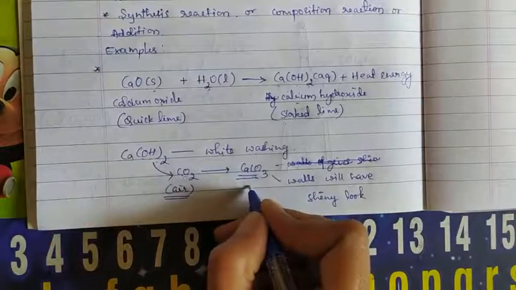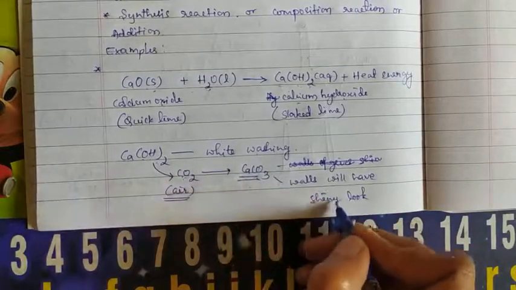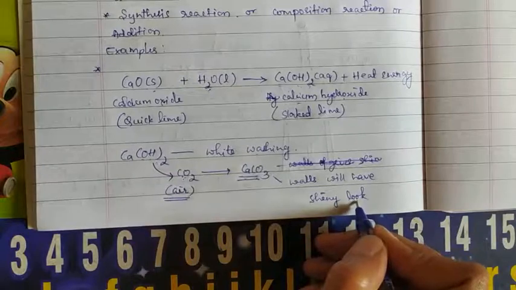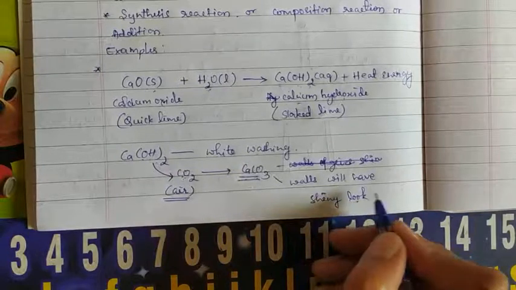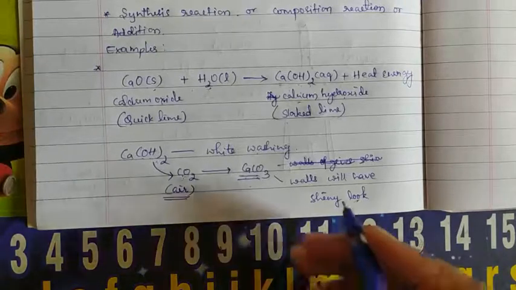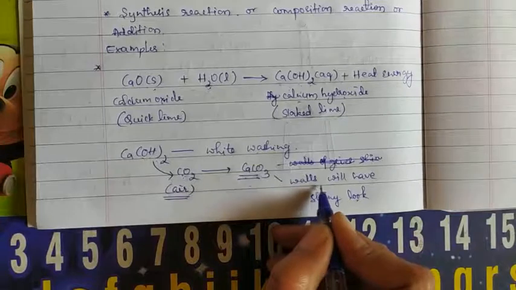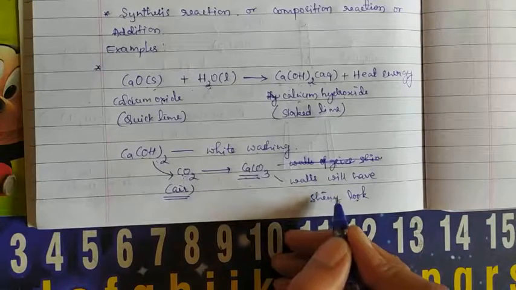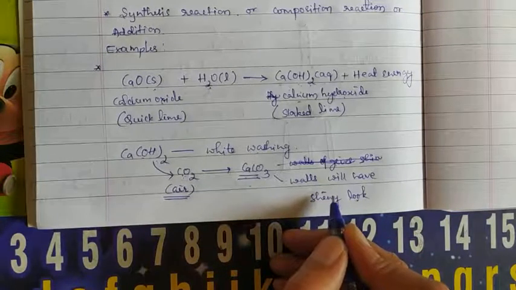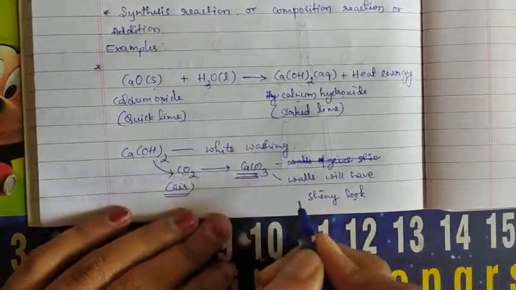As a result, walls will have a shiny look. In our day-to-day life we can observe that. In most villages we find whitewashing. Those walls have a bright white color, and that bright white color is due to the formation of calcium carbonate. This is one example.